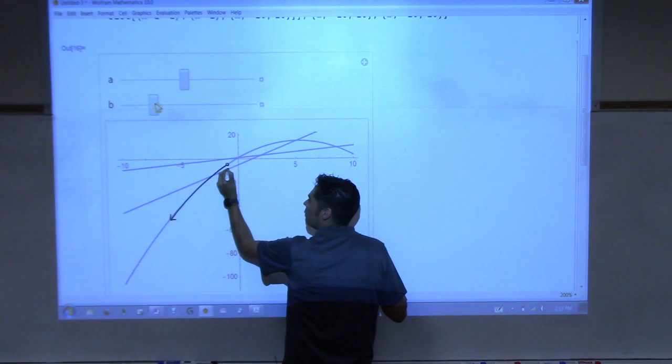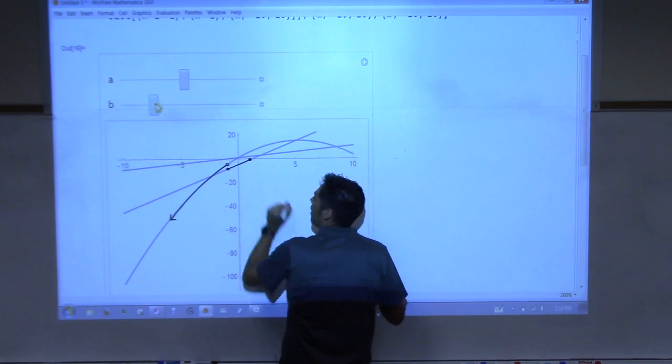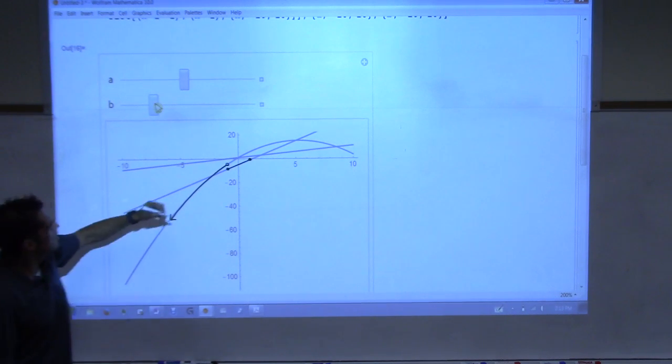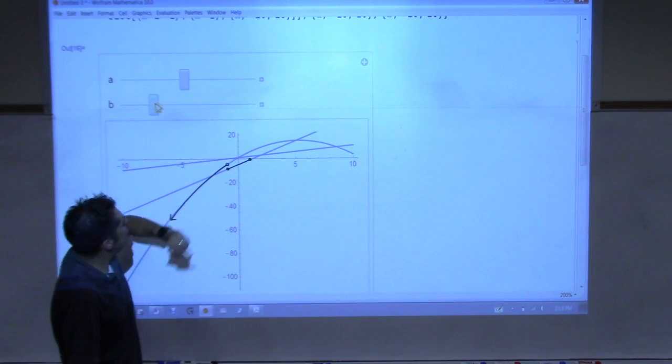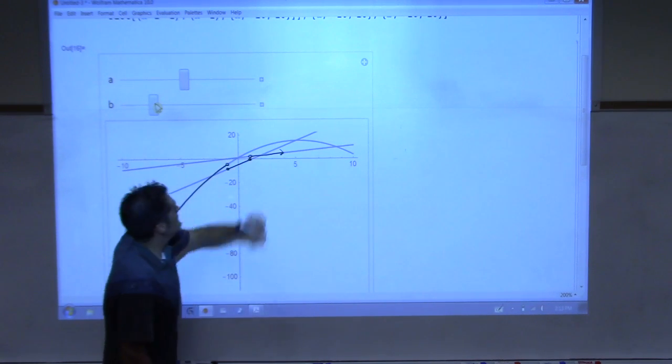And there's a dot at -1 and a dot at 1, right? And then the rational function is from here to here, okay?